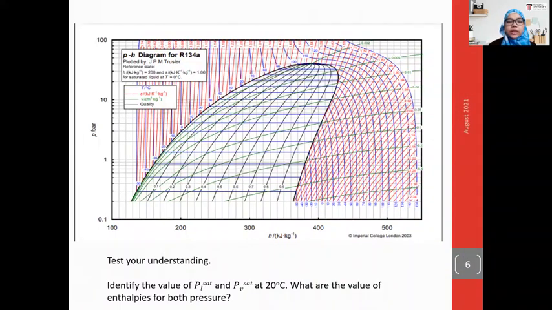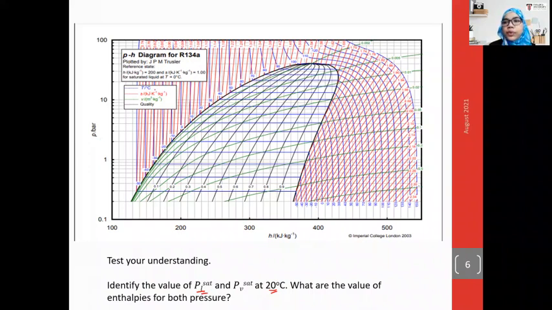Okay, to test your understanding, what is the value of the saturation pressure of liquid and vapor at 20 degrees Celsius? And what are the values of enthalpy for that range of pressure? For example, here we can see the diagram is for pressure versus enthalpy.